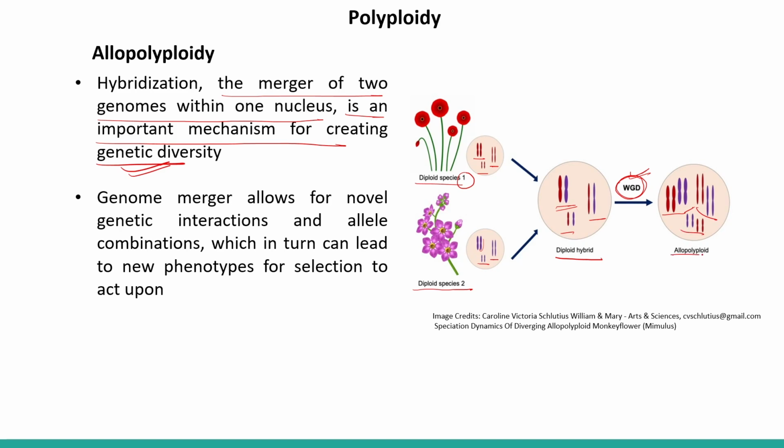And you can see here the tetraploid, that is the allopolyploid. Genome merger allows for novel genetic interactions and allele combinations, which in turn can lead to new phenotypes for selection to act upon. So we are merging the genomes from diploid species 1 and diploid species 2 in one nucleus by the process of hybridization.